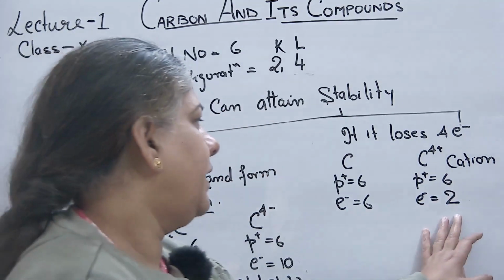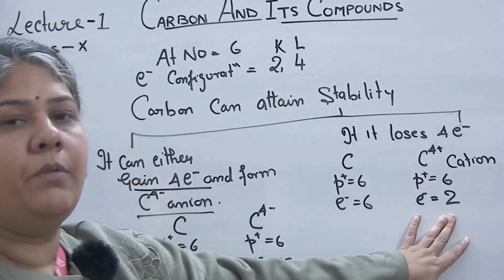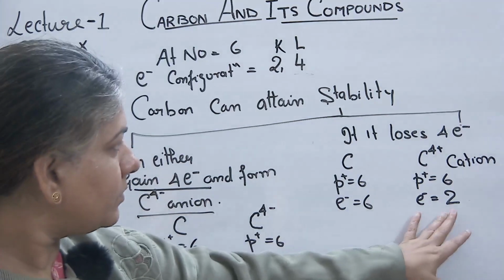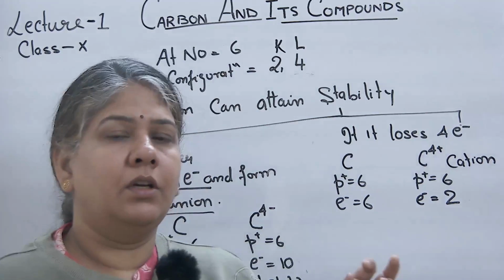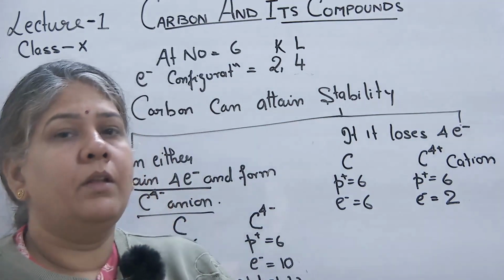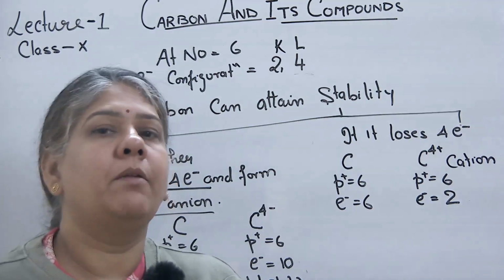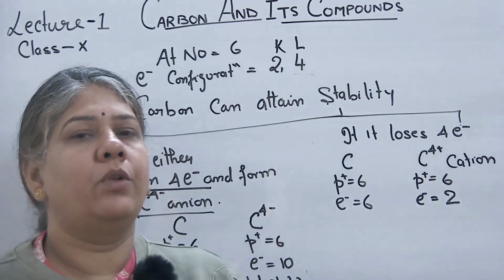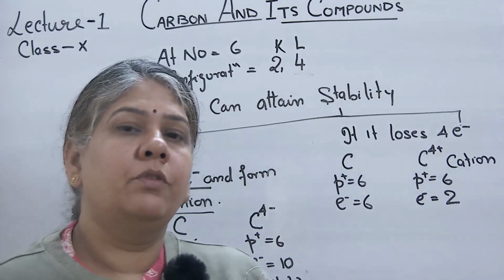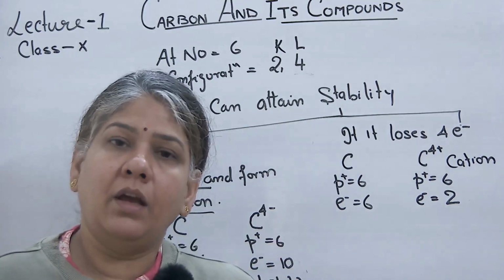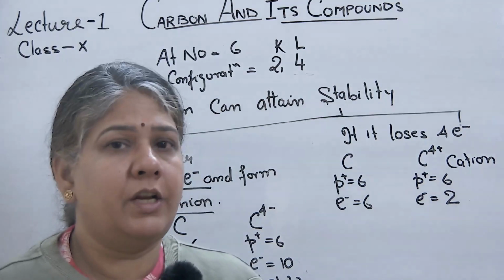And you must understand, again, it is not stable because it is difficult to remove 4 electrons from the shell. The electrons are not lost together, but they are lost one by one. One electron will come out, then the next, then the next. So the energy required to remove the first electron will be comparatively less than the energy required to remove the second electron.